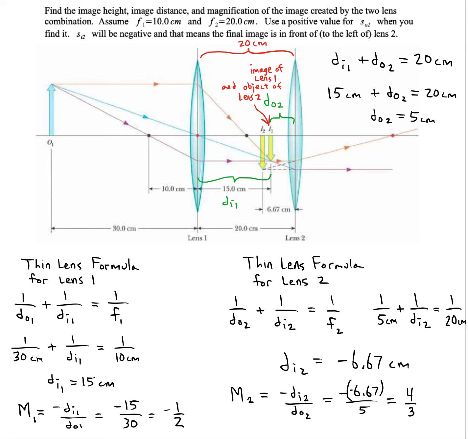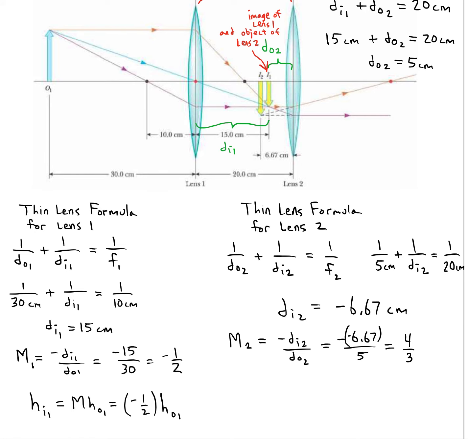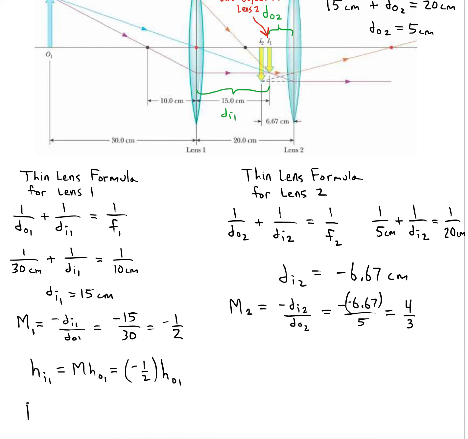One of the other things we're interested in is finding the total magnification and the total final height of image 2. I'm going to find what is called M total. This is the total magnification of the whole system, and you find it by multiplying M1 times M2. Let's plug in.